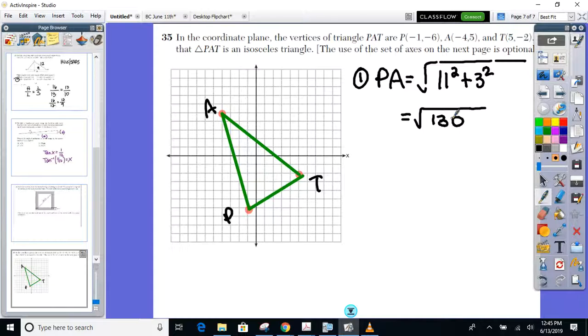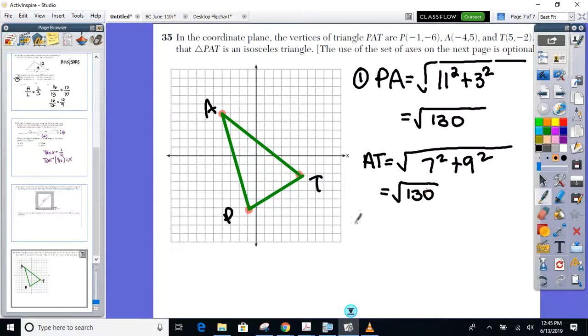Then I'm assuming it'll be equal to AT, but let's just check using the distance formula. Distance of AT: 7 and 9, 81 and 49, square root of 130. What'd you just learn?